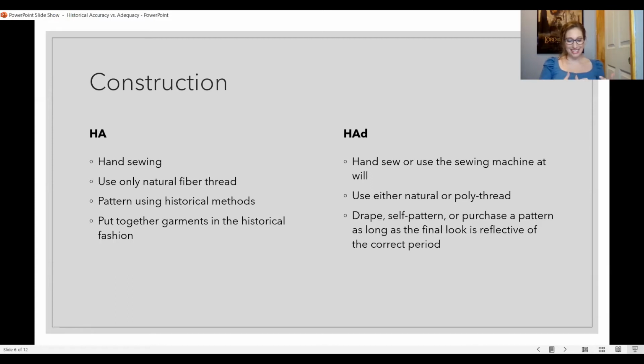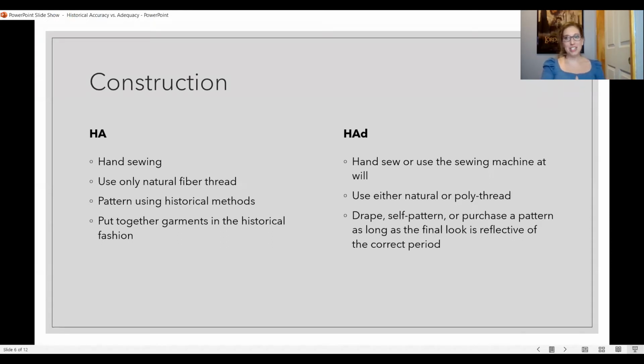Now, putting all these garments together, they didn't have to be neat. I know we try to think of finishing all our seams pretty. Well, if we look at extant garments, the inside of those garments weren't always the prettiest. So if you don't care to finish your seams, congratulations, you're historically accurate. And that's the excuse I always use. So you can feel free to use that too.